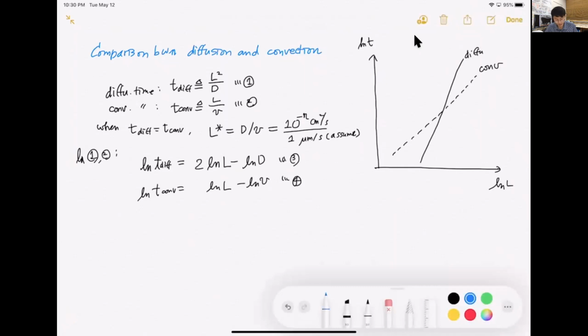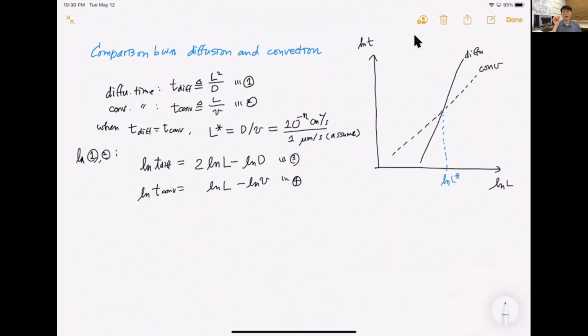All right, so what does this mean? There will be a crossing point, which we can define as ln L star, when these two become the same. Now thinking about time, faster means more efficient.